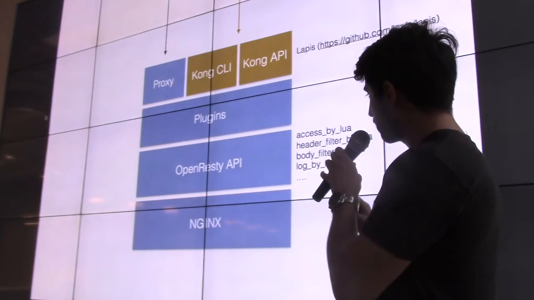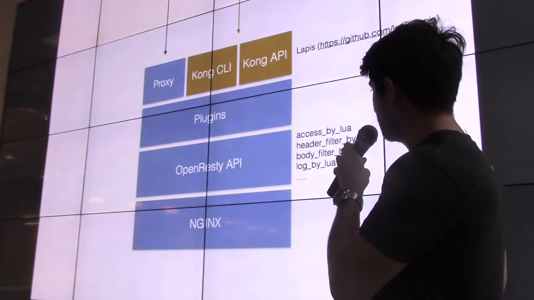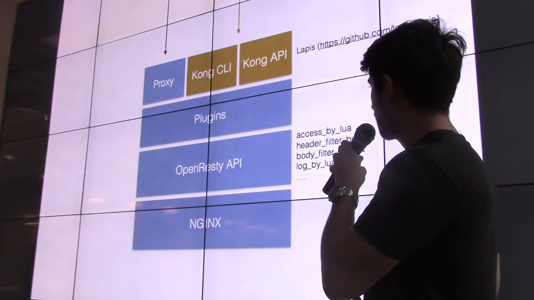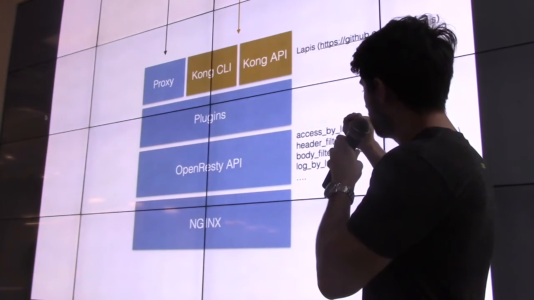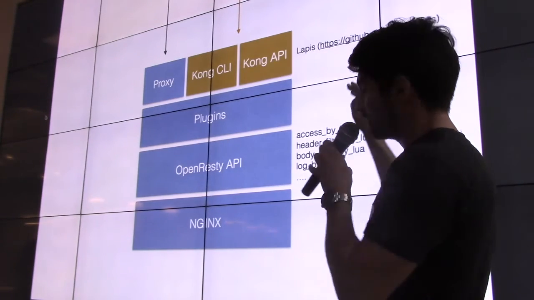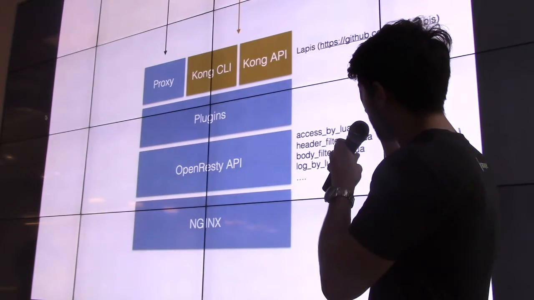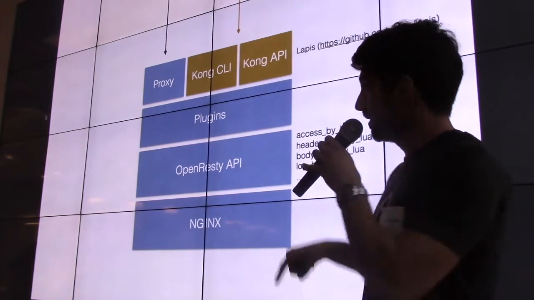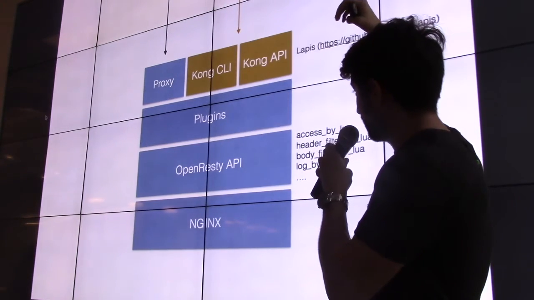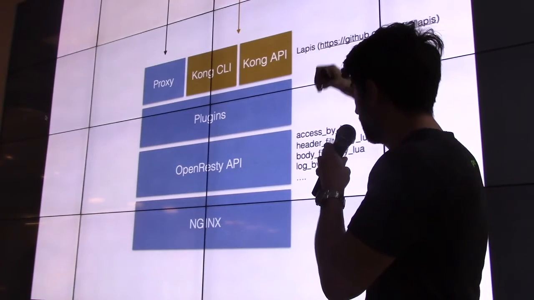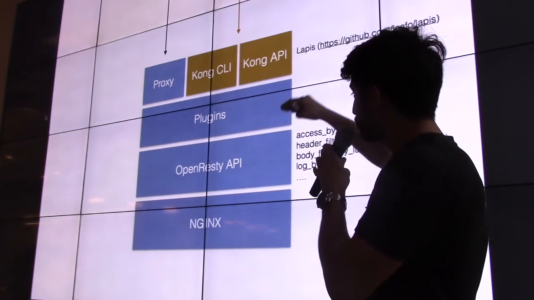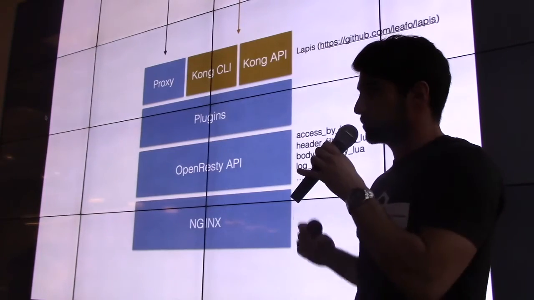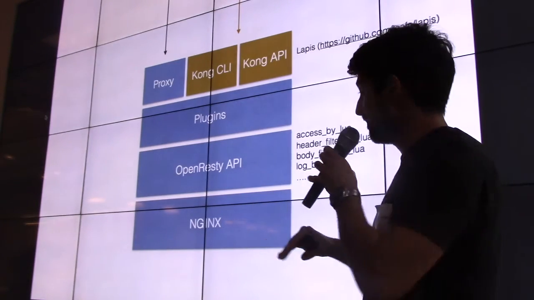The main components of Kong are described in this slide. Kong opens two different ports. One is for the admin API, and one is for the actual proxy functionality. So client consumers can consume APIs through the proxy port, which will execute every plugin the user has decided to install on top of the API.